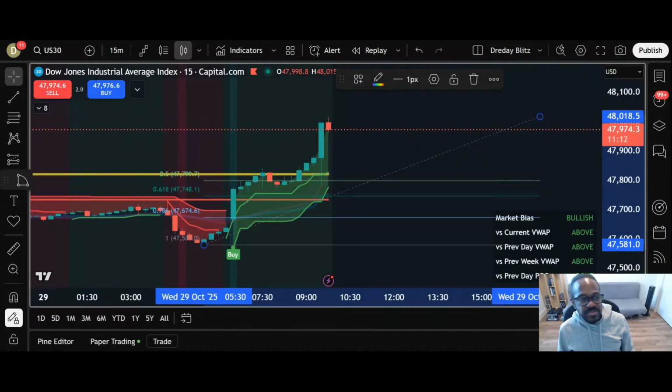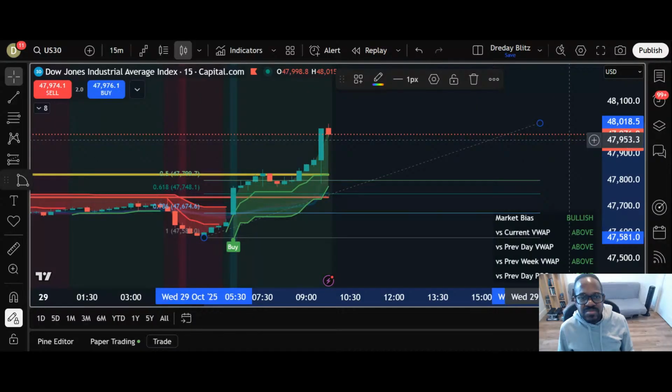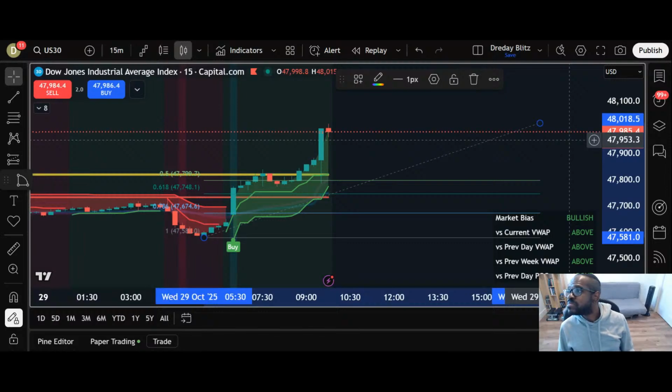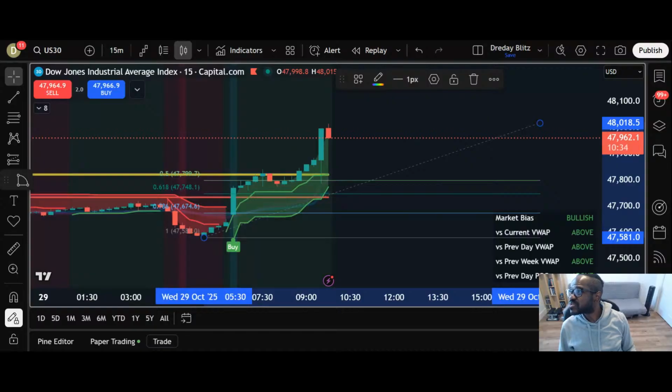All right, so should be starting to retrace here. So if you miss that signal here, don't chase it. Like I said, I'm expecting to have the price starting to reverse here in a few.